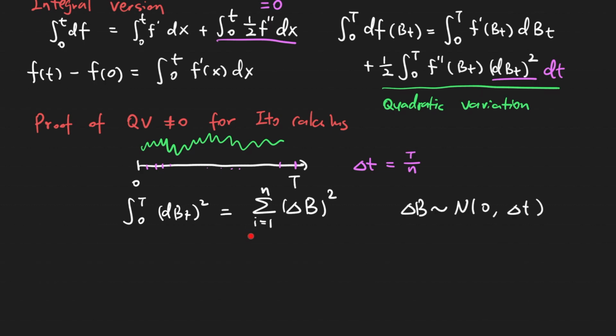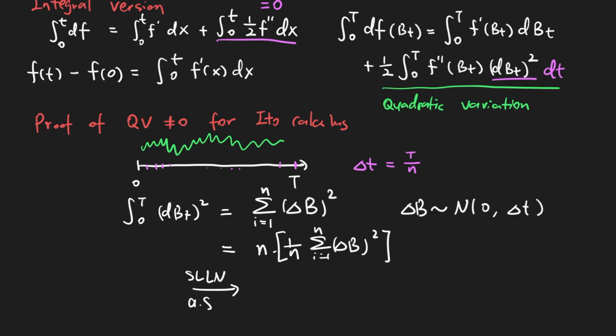In order to compute this, we can apply the law of large numbers. The trick is that we can get the average of it and multiply it by n. So we have n times 1 over n times the sum. And we can apply the strong law of large numbers, which means this has an almost sure convergence.